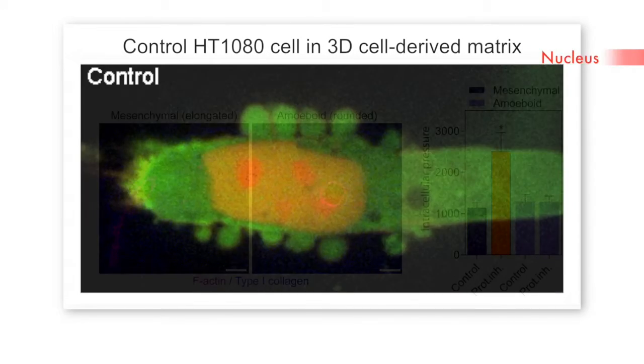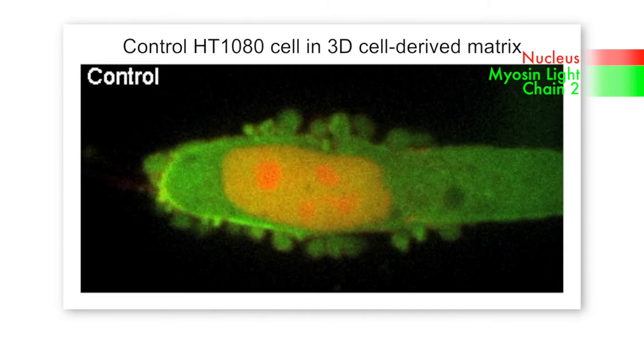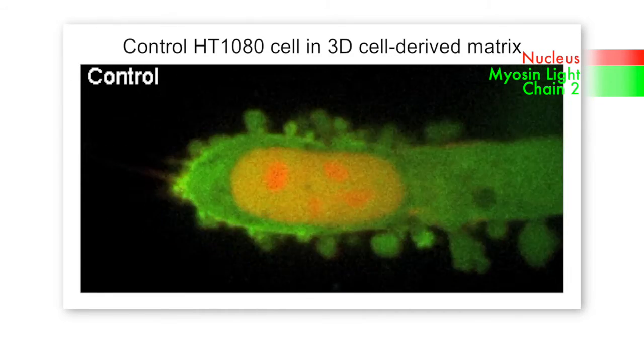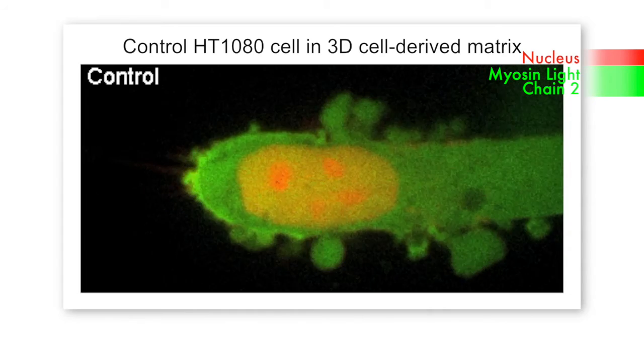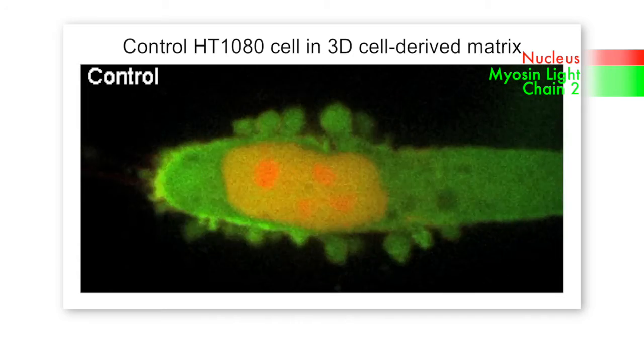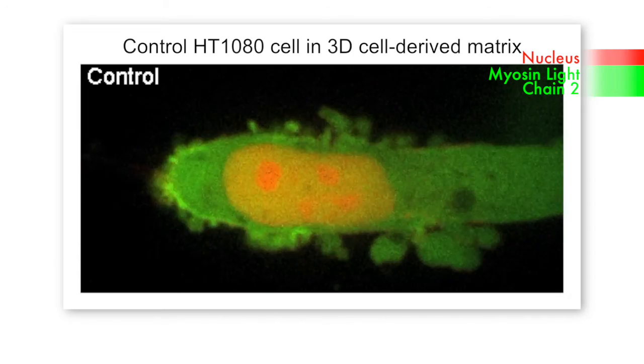To confirm that mesenchymal HT1080 cells used the nuclear piston mode of migration when protease activity was impaired, Petrie et al. performed live cell imaging to compare the motions of the nucleus and the cell's trailing edge.